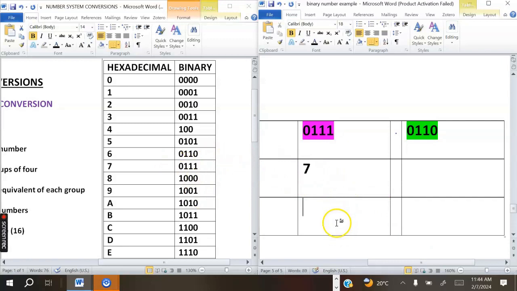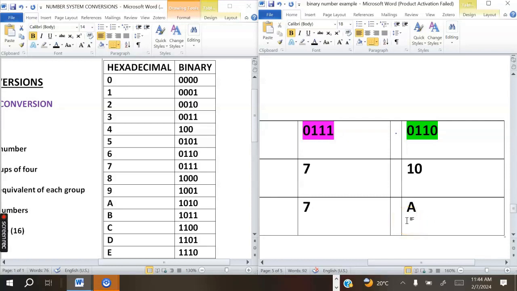So this is 7 and also 7. Then we have 1010. This should give us this value. The value is A. A is equivalent to 10. Therefore, this is A. So I hope up to that point we are on the same page.